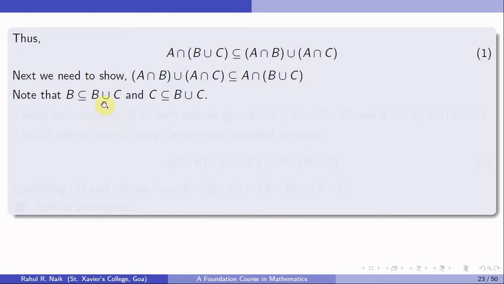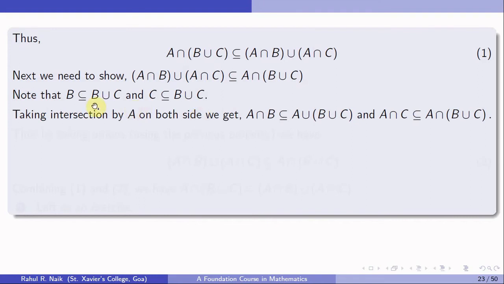first I'll intersect with A on both sides. So I will have B intersection A contained in B union C, that is, A intersection B will be contained in A union B. I'm taking the intersection with A on both sides.